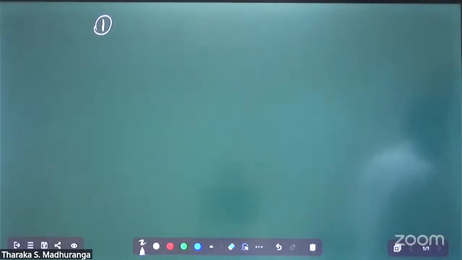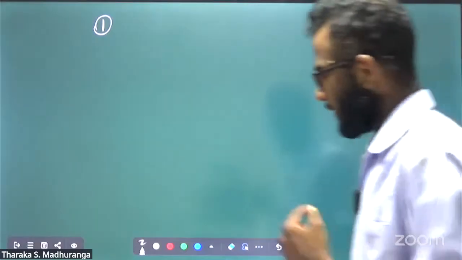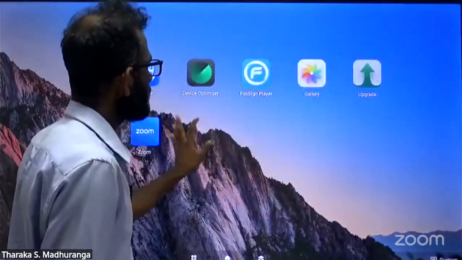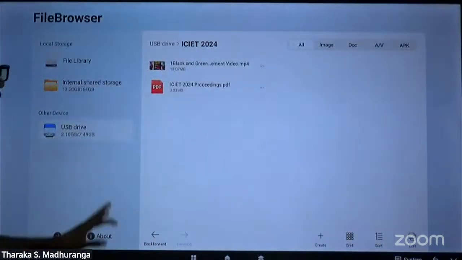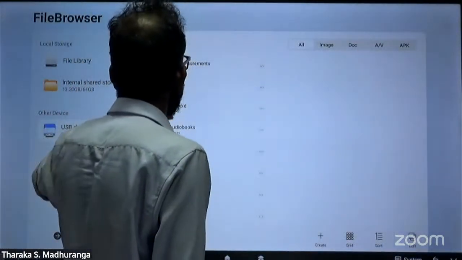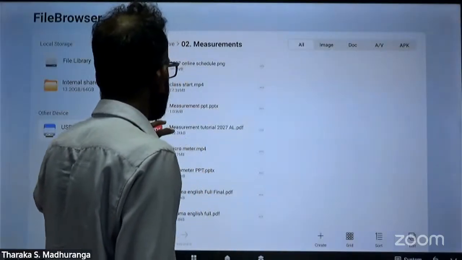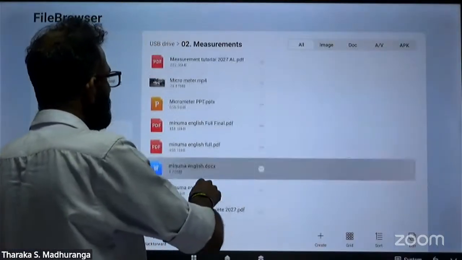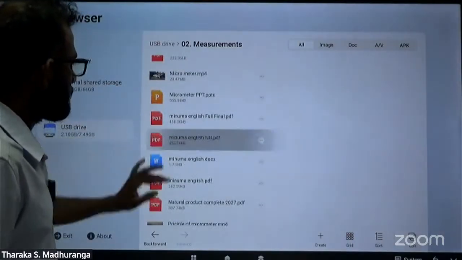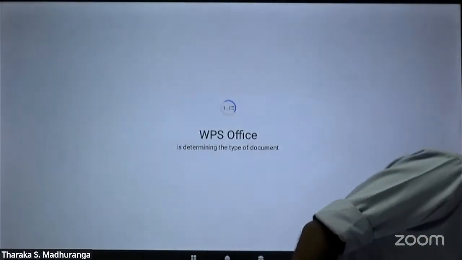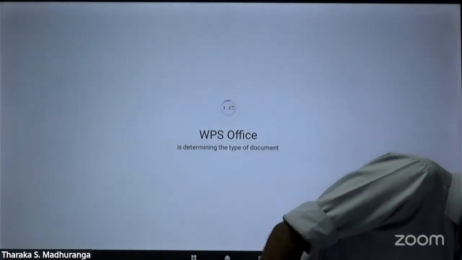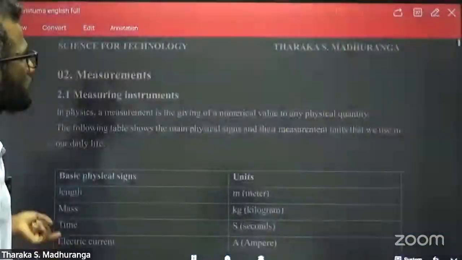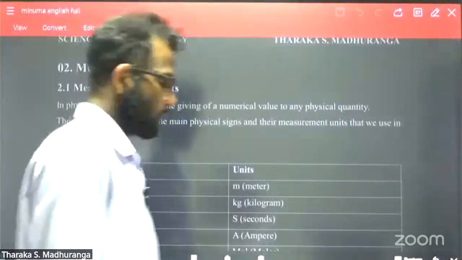Okay, can you download the PDF file? I'll show you. Okay, this is your tute, the measurements tute.